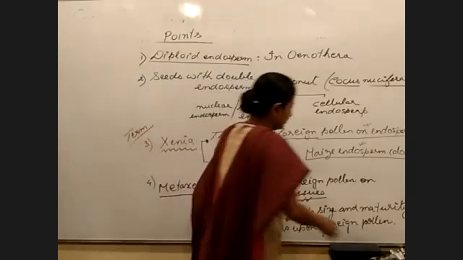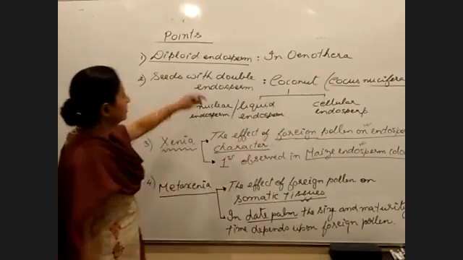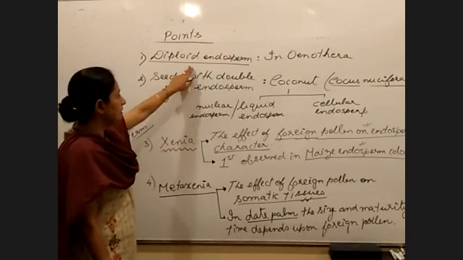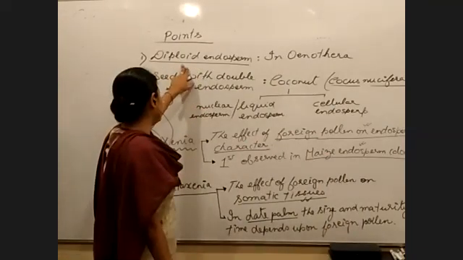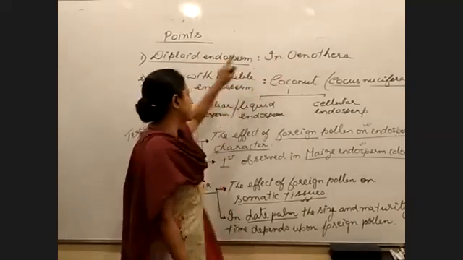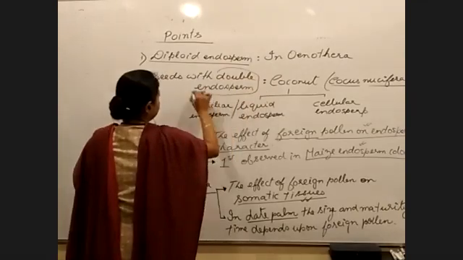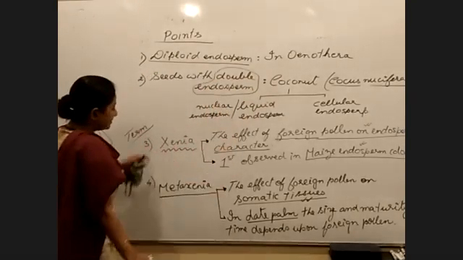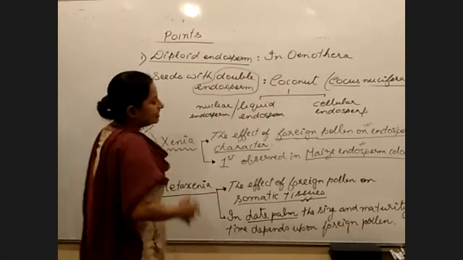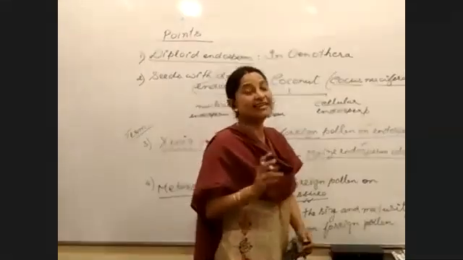Normally endosperm is triploid, but we see diploid, double endosperm. Right? Next, talking about xenia or metaxenia, it is a direct question, basic details are not needed.